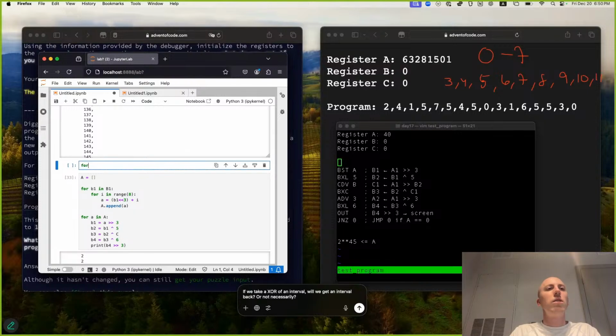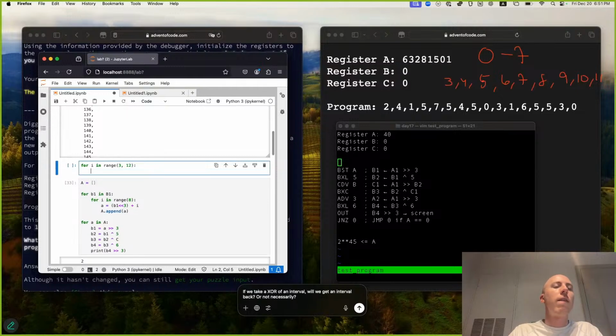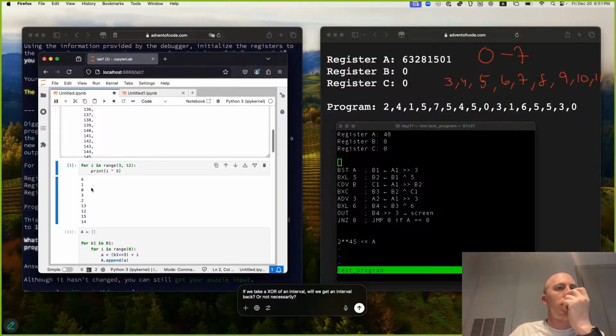So let's say for I in range 3 up to 12, let's print I XOR with 5. Let's print I, and then we'll do this, and maybe I minus.